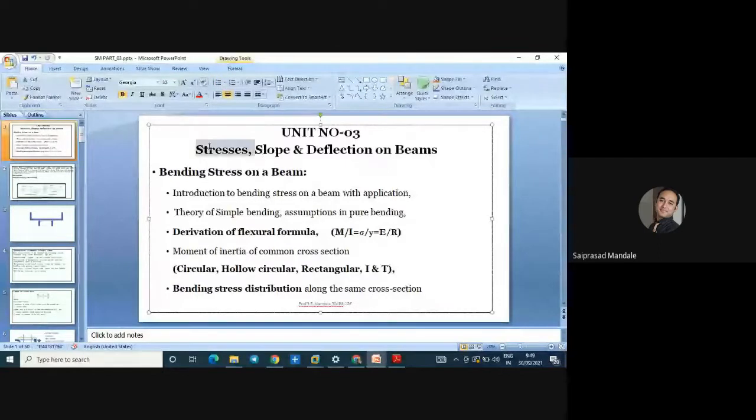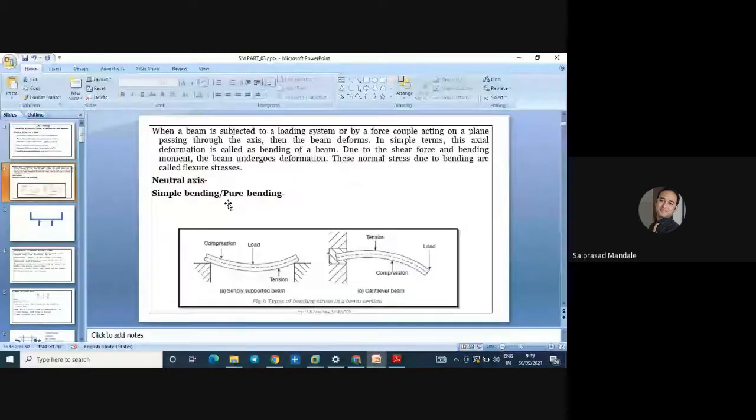This is bending stress. When a beam is subjected to loading, or a force, or a couple acting on a plane passing through the axis, then the beam deforms.